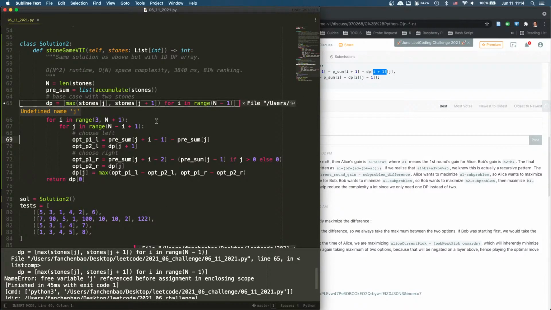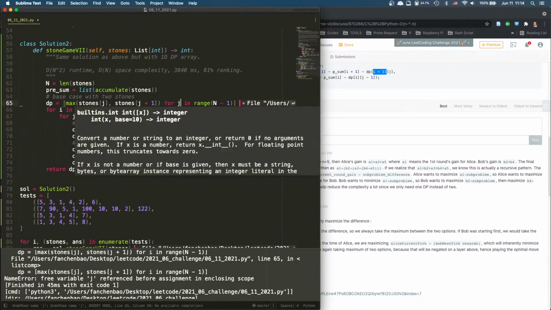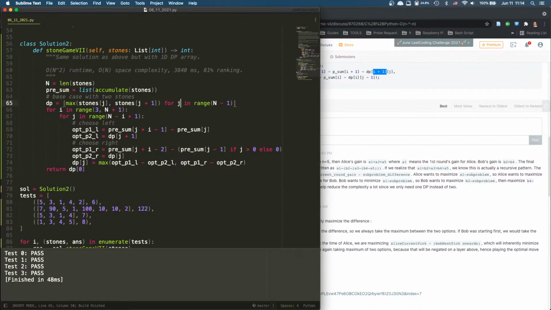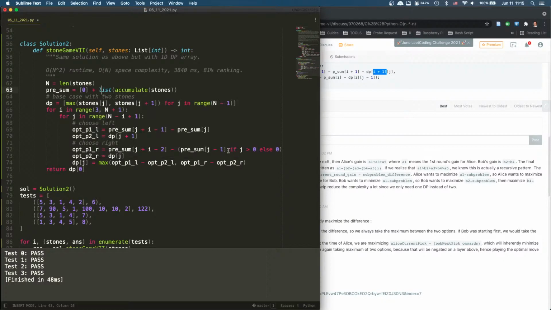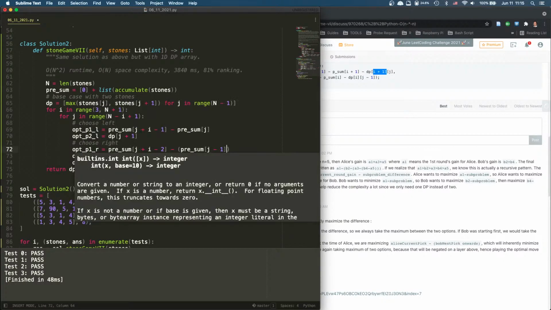Reference before, there's no j, so there's going to be j here. There we go. That's the thing. And in this case, if we do a 0 plus, then we don't even have to check here. Right?